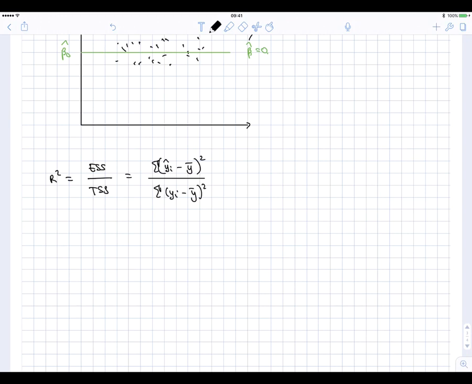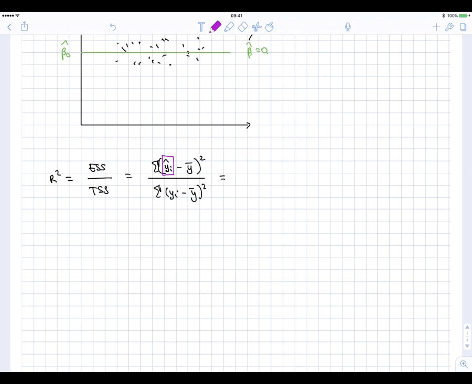Right? What's next? Well, this is just a definition, so we have to make use of the fact that beta 1 hat is equal to 0, so there are no beta 1 hats there.